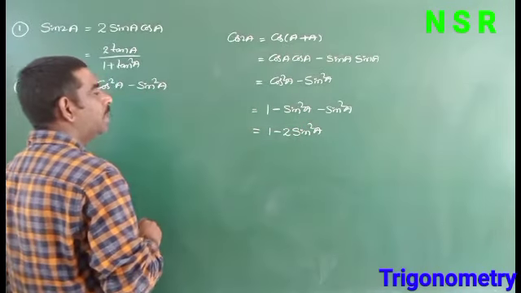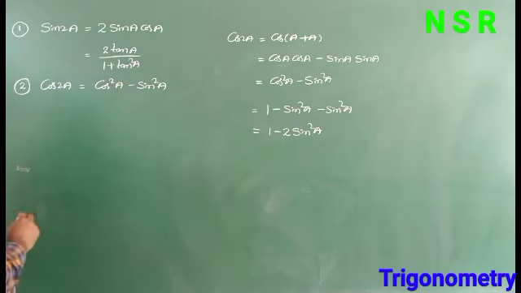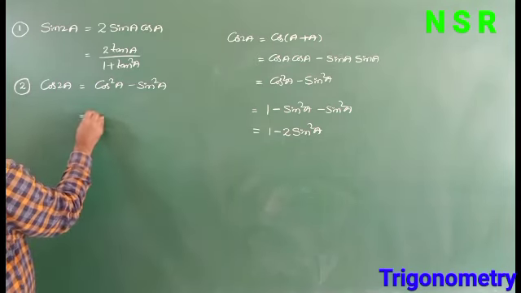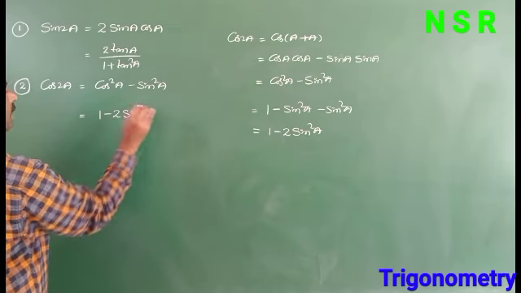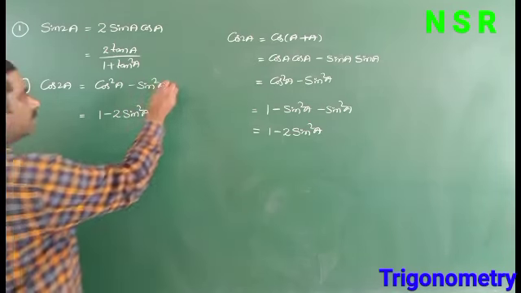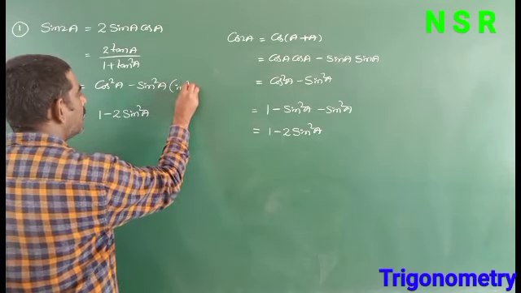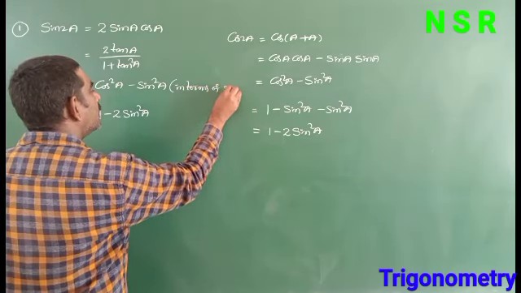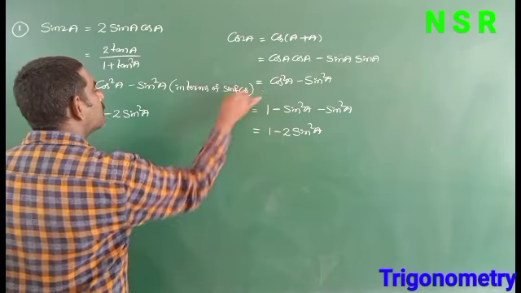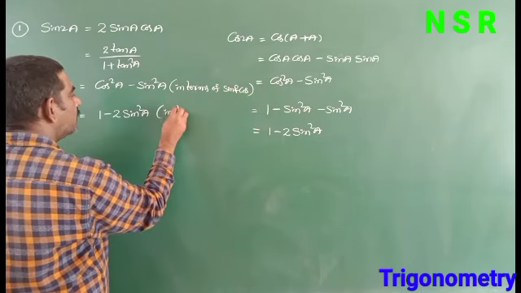So cos 2a equal to 1 minus 2 sin square a. It is in terms of sin. The earlier one is in terms of sin and cos, and this is in terms of sin.